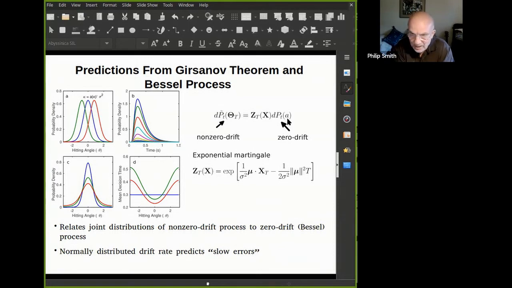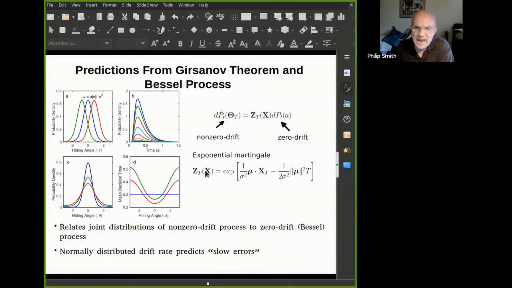So if the process starts at the center of the circle, everything that you need to know about it is contained in the Euclidean distance from the center of the circle. And because the drift rate is zero, the outcomes will obviously be distributed uniformly around the circle. So the Girsanov theorem says that to get the joint distributions of outcomes and decision times, you multiply the distribution for the Bessel process by this function Z_t^x.